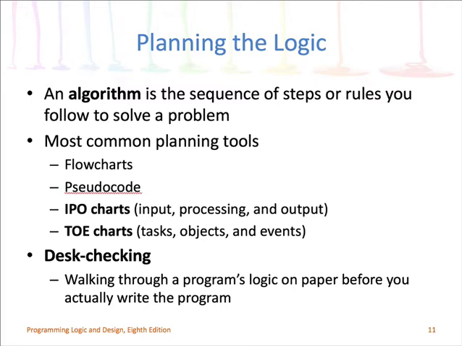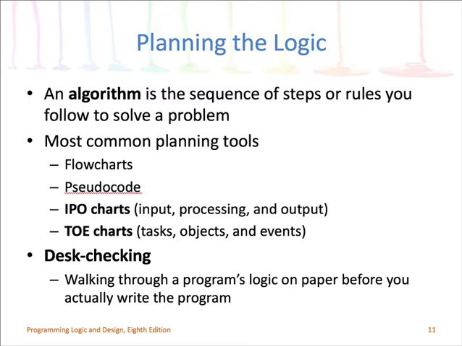A lot of times when you talk about programming, you talk about algorithms. Algorithms are a sequence of steps that you follow to solve a problem. So that's basically you thinking out the problem and how to solve it. Helping you come up with the algorithm, we have pseudocode, which is a semi-English-like language to describe what needs to happen.